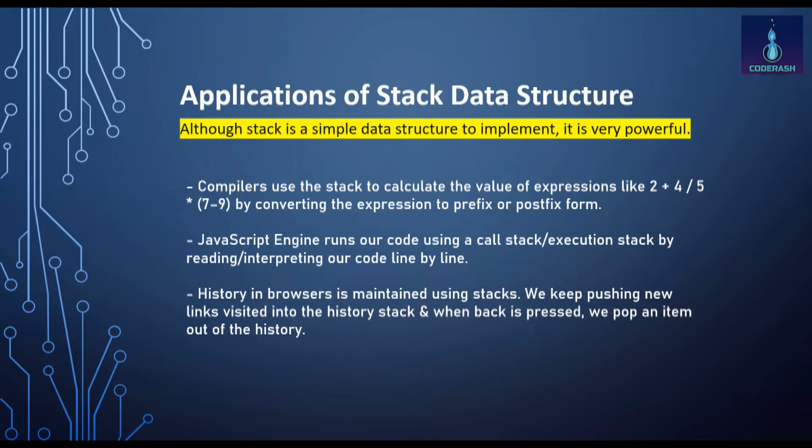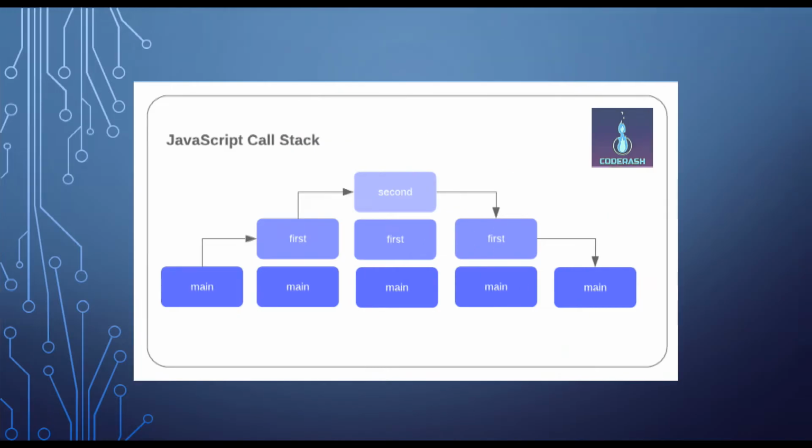History in browsers is maintained using stacks. We keep pushing new links visited into the history stack, and when back is pressed, we pop an item from that same stack. And in the same way, the JavaScript execution happens. Whenever you are running a JavaScript program, your main execution thread or the global execution context comes into the stack first, and then whatever contexts we create from our main program are pushed into the call stack.